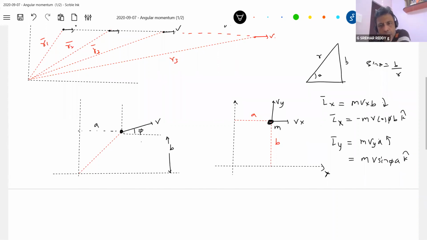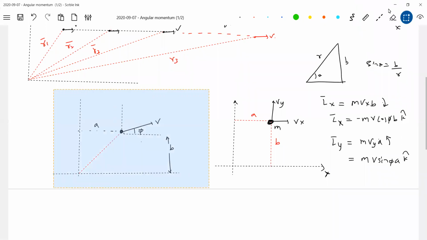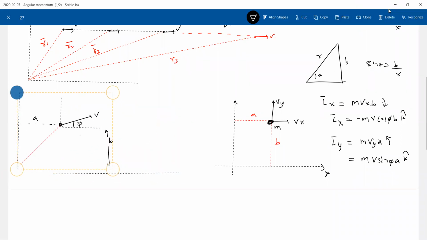So what is the net angular momentum of the system? What is the resultant angular momentum? Sum of these two.